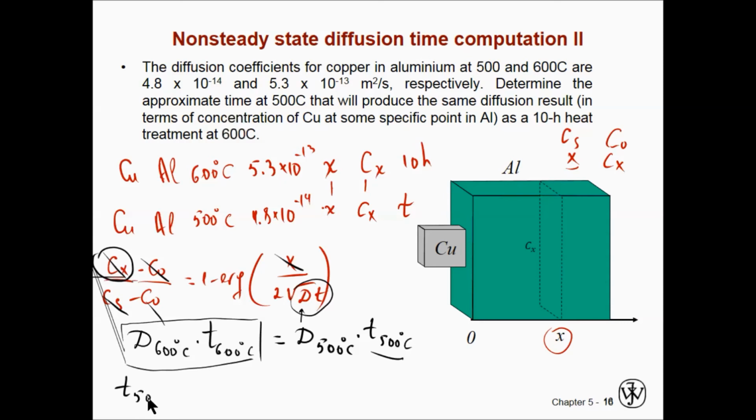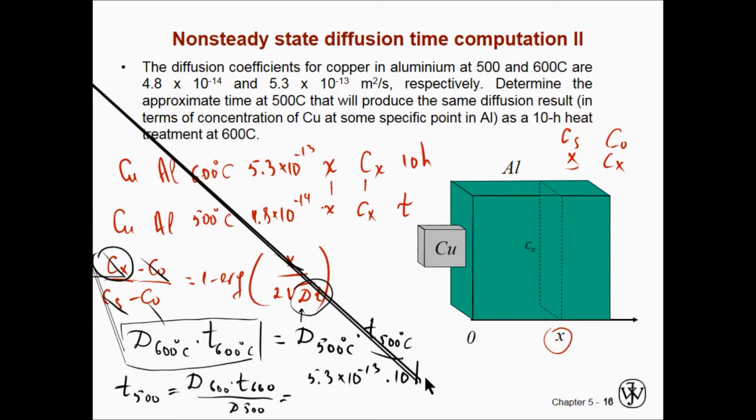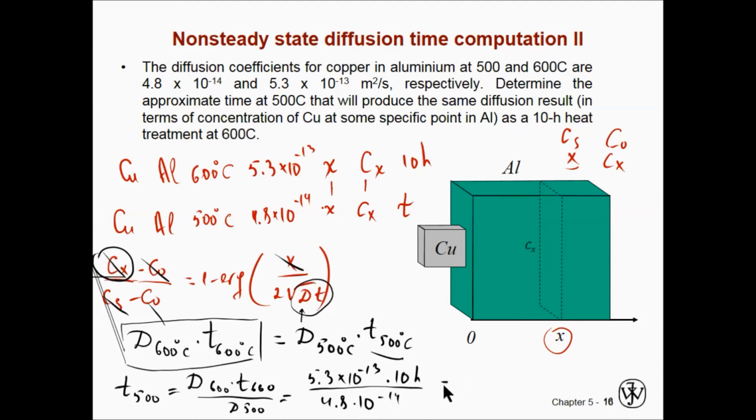The time for 500 will be equal to diffusion 600 times time 600 over diffusion 500. So plug in. Diffusion for 600 degrees Celsius is 5.3 multiplied by this, multiplied by time, which is 10 hours, over 4.8, 14.